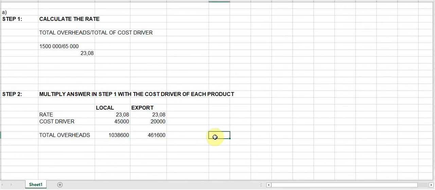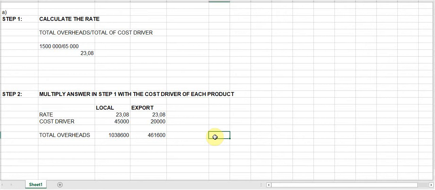If we use the direct labor hours as a cost driver in the traditional method, there is 1,038,600 Rand to be allocated to the local robe production, whereas the export robe will only have 461,600. Right, so that was the traditional costing method.